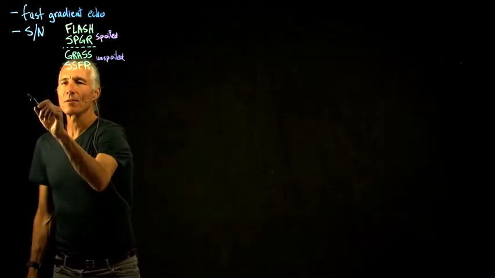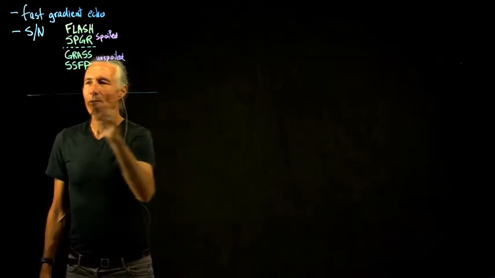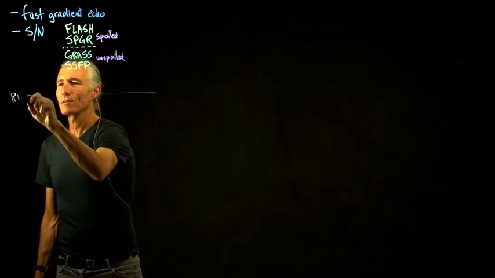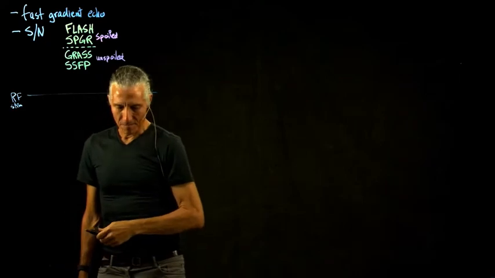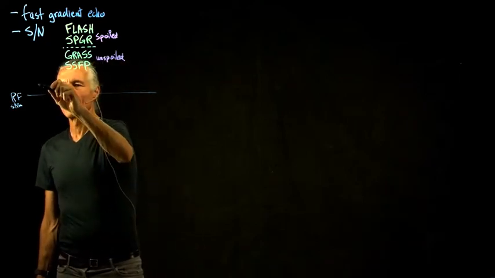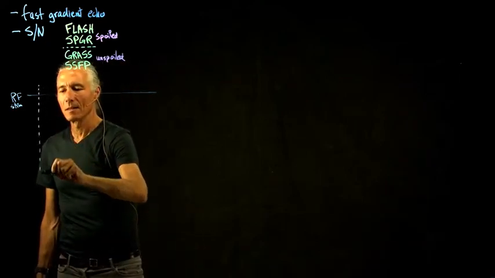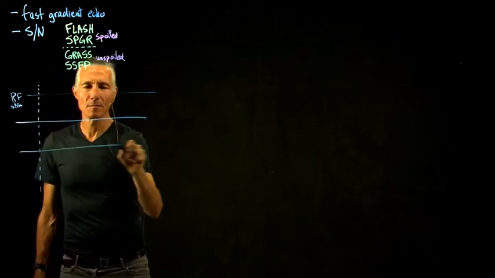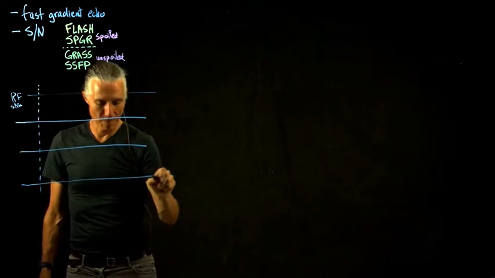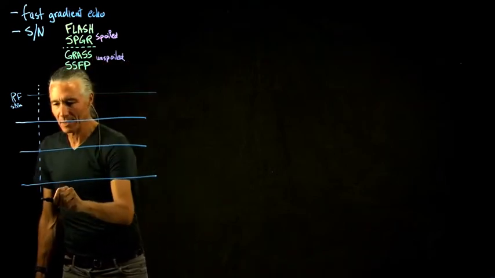So to draw out the pulse sequence, we always have 5 lines. There's the RF stim, and then we have the 3 gradients, because those can all be controlled independently, and then we have the signal that comes out.